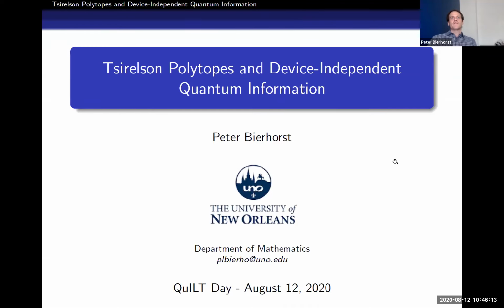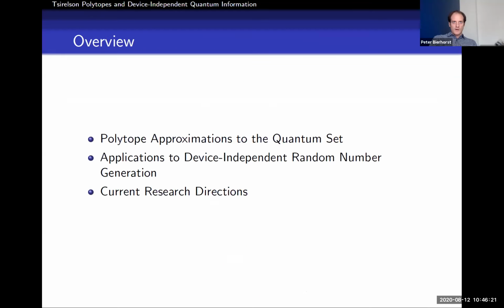All right, my talk today is Tsirelson polytopes and device-independent quantum information. We're going to talk about polytope approximations to the quantum set and applications to device-independent random number generation. We'll talk mostly about that first bullet point.